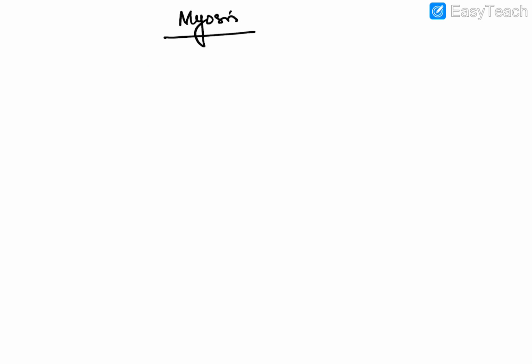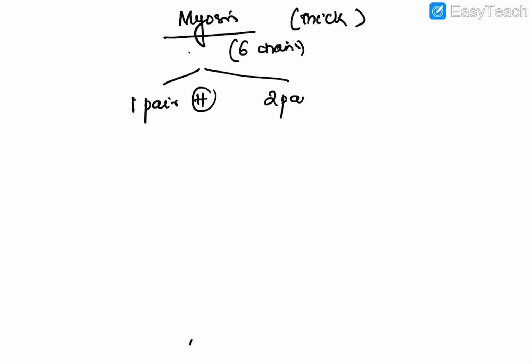The myosin is what forms the thick filament of the sarcomere. It has 6 chains: 1 pair of heavy chains and 2 pairs of light chains. So total 6 chains.